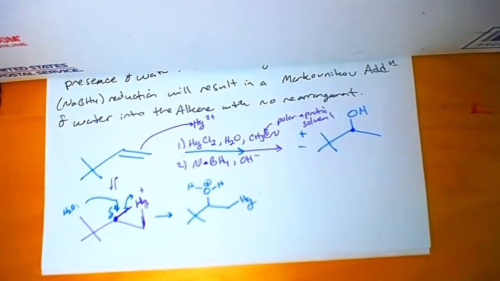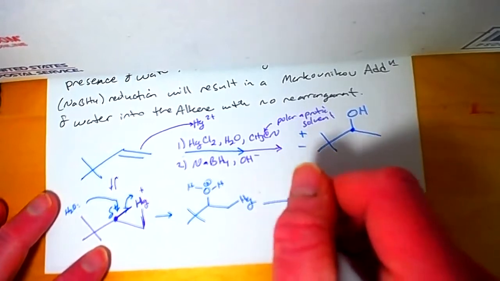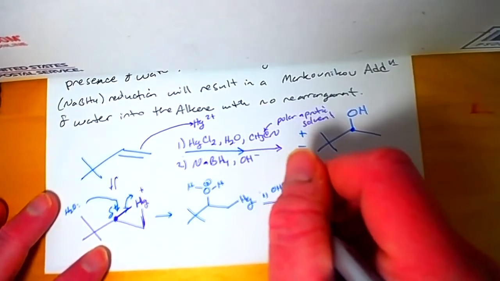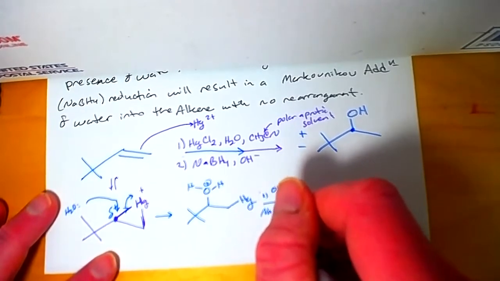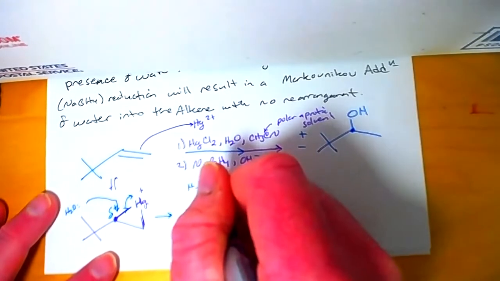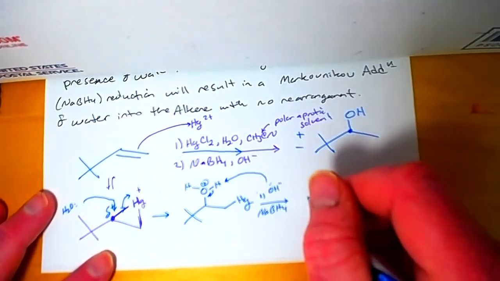Okay, so that's it for step one. Now, in step two, you'll notice that we're in base with sodium borohydride. What the hydroxide is in there for is to effectively remove that acidic hydrogen.